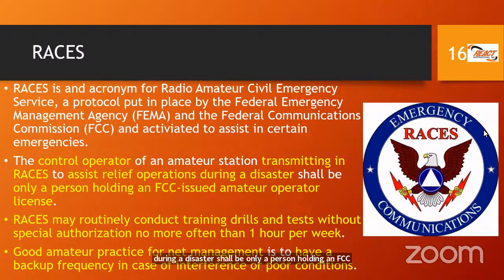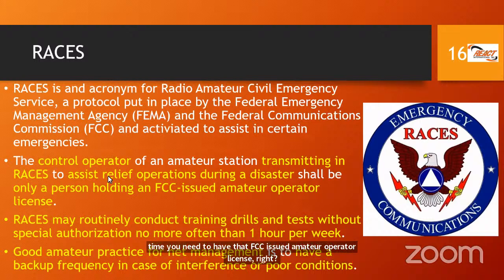In other words, for you to be a RACES operator, you need to be a licensed ham. You need to have that FCC issued amateur operator license, right? So RACES participation requires a license, which is what we are preparing for.